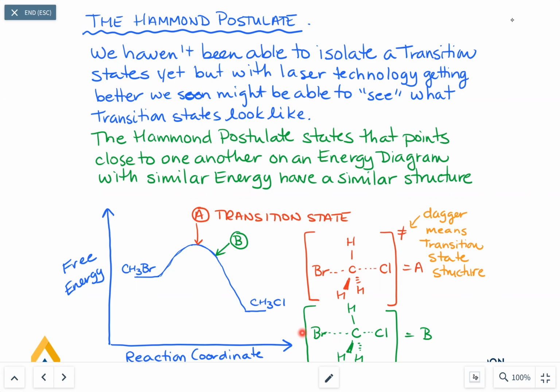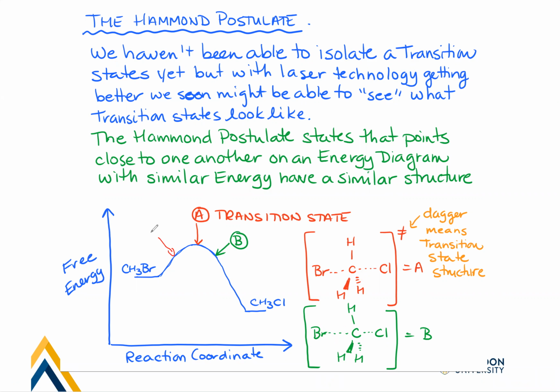If I was to draw a diagram here, we'll call this point C, or point Z, I guess. Let's call it Z. What this part of the transition state would look like would be if the carbon and the bromine, this bond is starting to break, but this is short, and the chlorine is starting to approach.